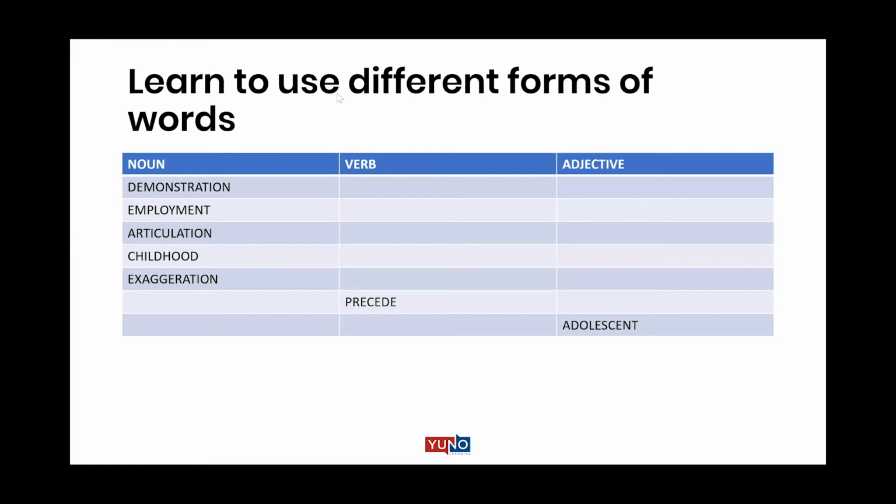And for negative properties of children, we use childish. So that means you grow up, but if you still behave like a child, you're childish. But despite growing up, you may be very old, but still have the innocence of a child. So you are childlike. Childlike is taken in a positive sense.